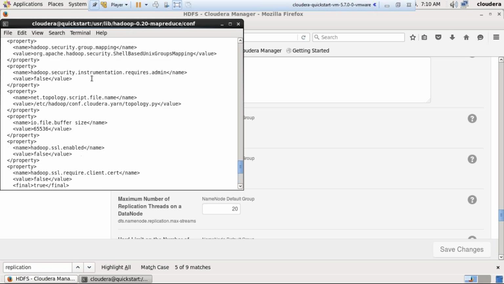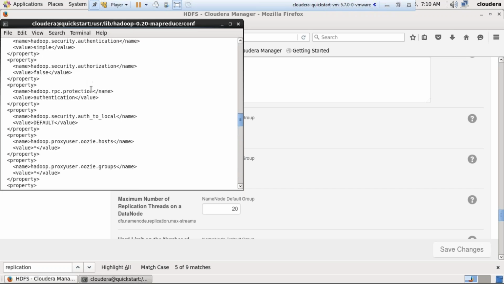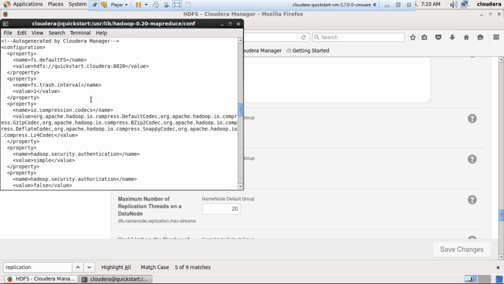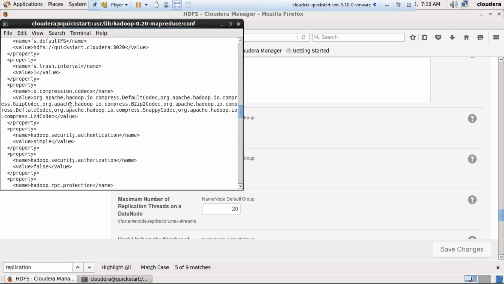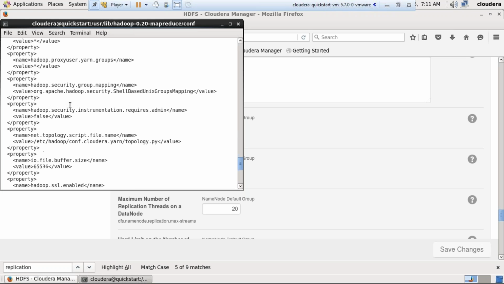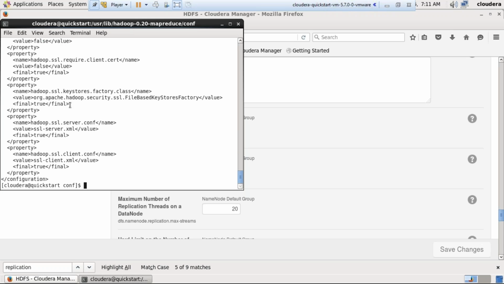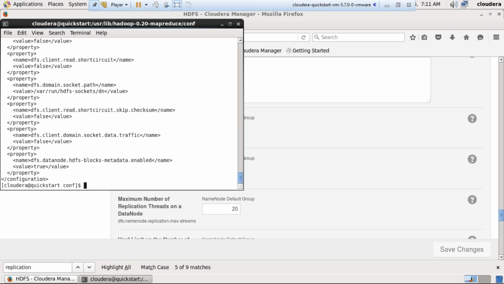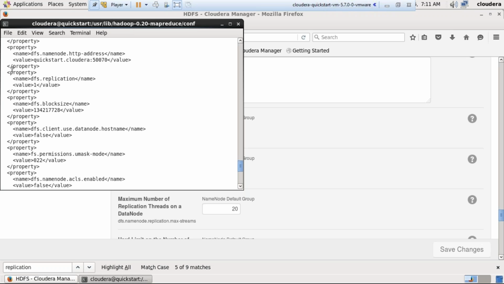If you look into this configuration file, you'll be seeing the default replication factor for this one. Yes.